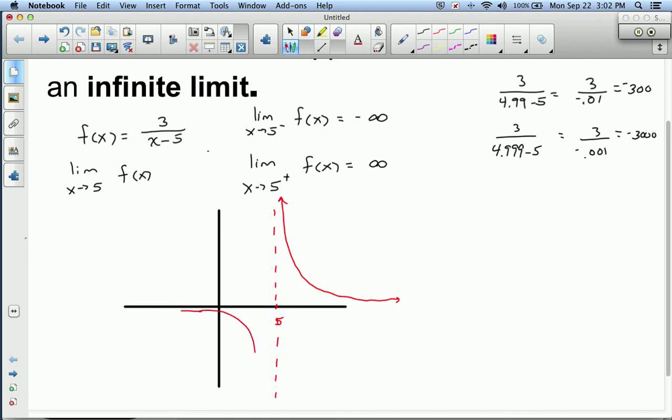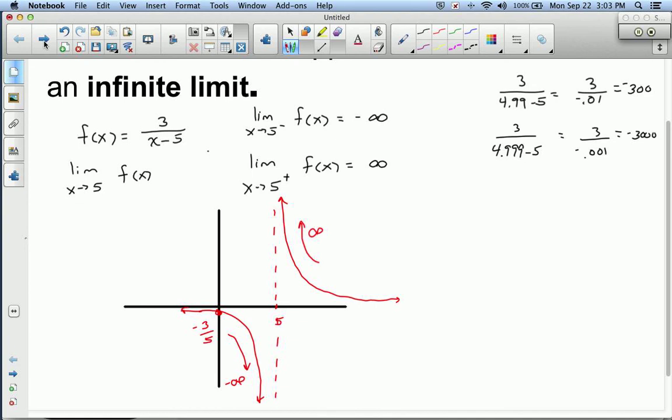The vertical we saw is at 5. And my y-intercept is at negative 3/5. Notice from the right, we're heading towards infinity. From the left, we are heading towards negative infinity, as we stated here and here.